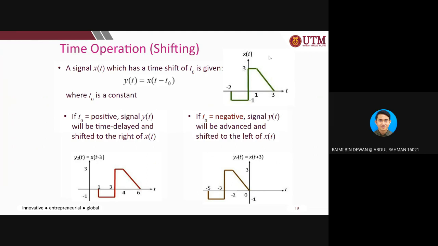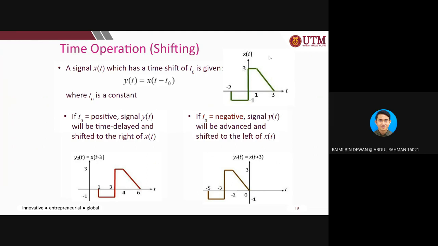You can simply imagine it like this. If you have event A happening at 4 p.m., and you apply time shifting, then instead of happening at 4 p.m., event A will happen at 2 p.m., much earlier.